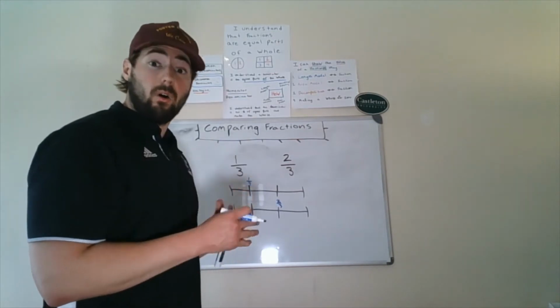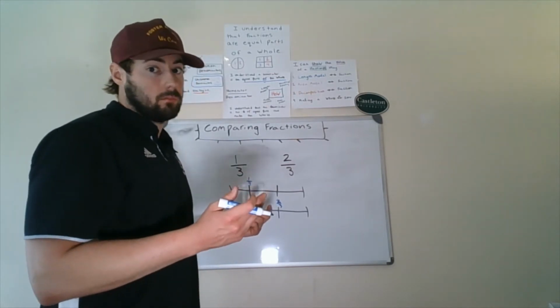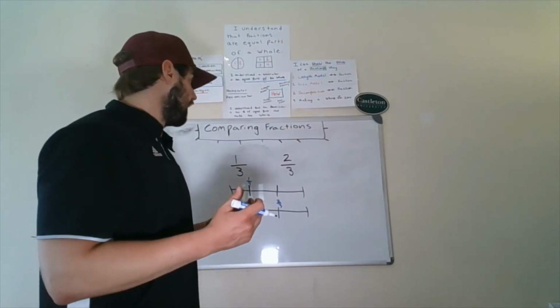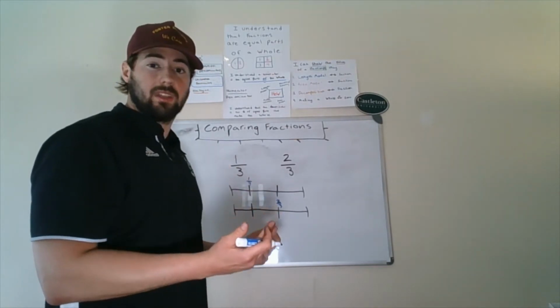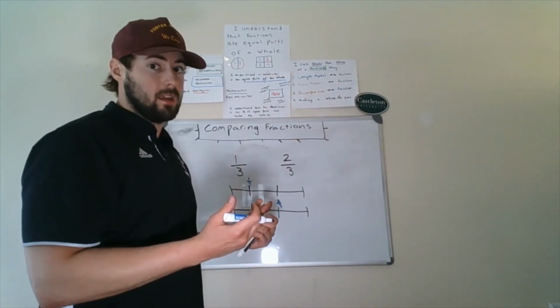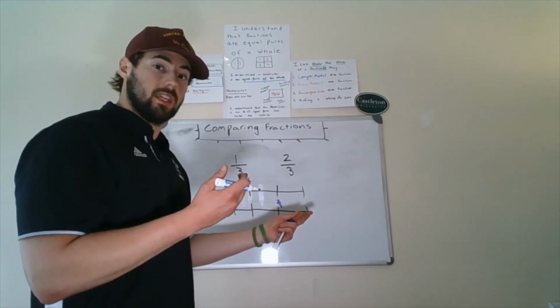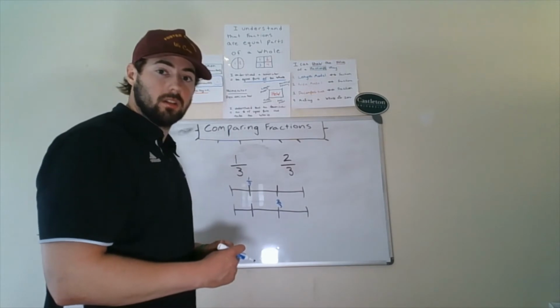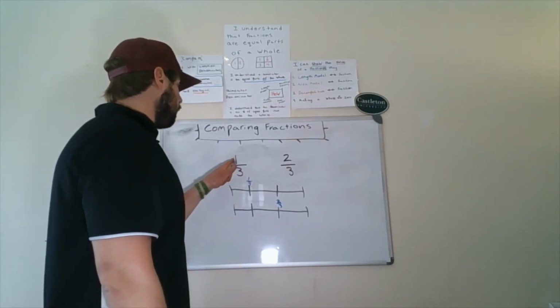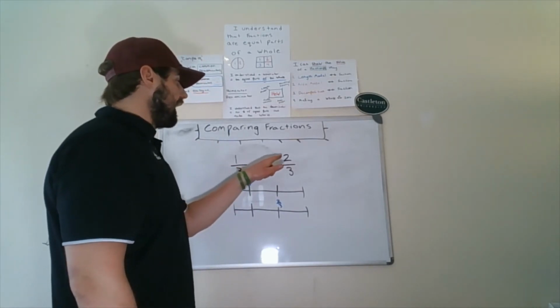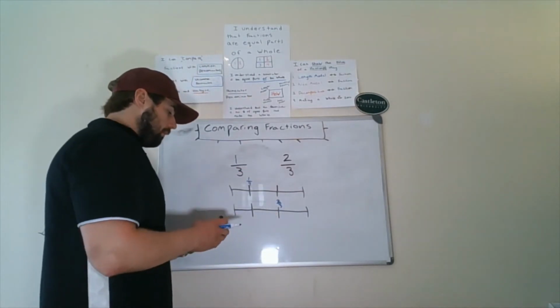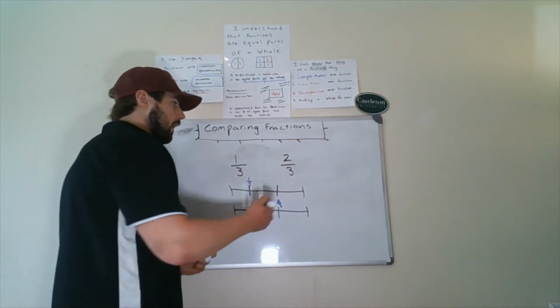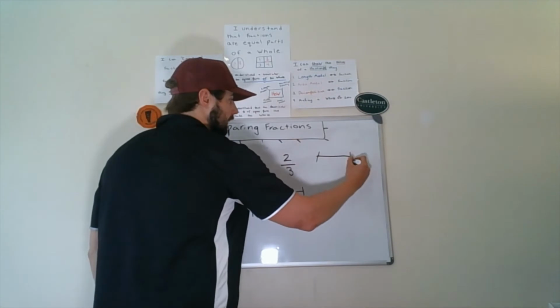But sometimes we can also recognize by looking at the numbers. We all learn differently. Some people can look at the numbers and see as well. We can take a look at the parts and recognize that 1 is definitely less than 2. But we're talking about fractions and their parts. 1 is definitely less than 2.